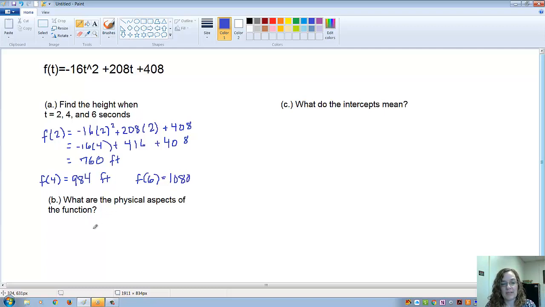Next are the physical aspects of the function. When you look at the graph, you see that you have this scenario. Now, don't forget that we actually are on a building, so we can draw this building here.